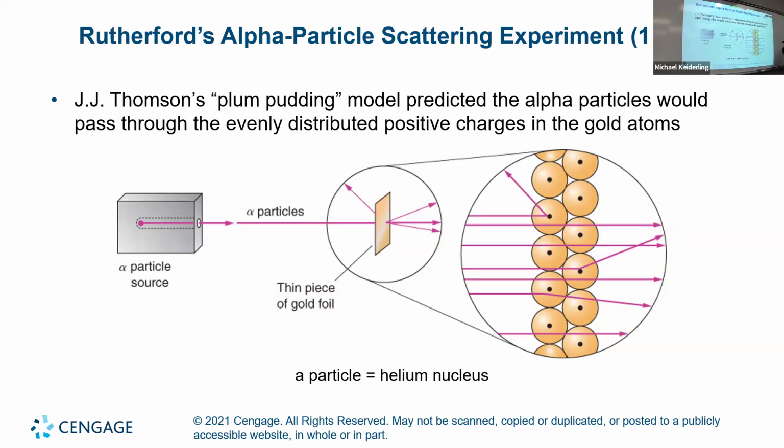I believe the analogy is that it would be like shooting bullets at tissue paper and seeing some of them bouncing. And this was how the nucleus of the atom was discovered. They discovered that all the positive charge was actually concentrated in a very small area in the center. And this deflects the positively charged alpha particles.